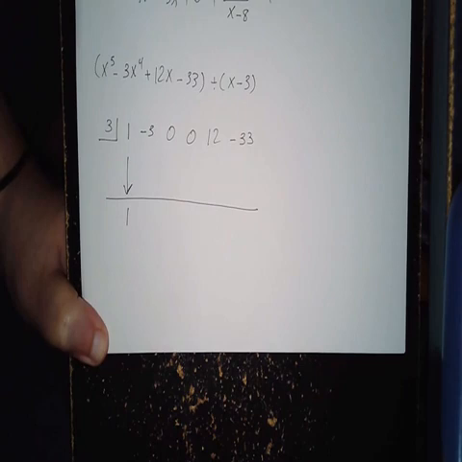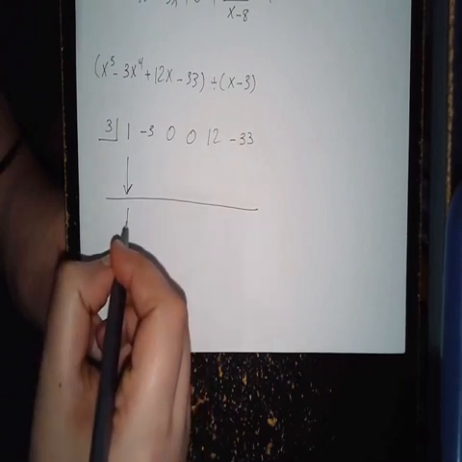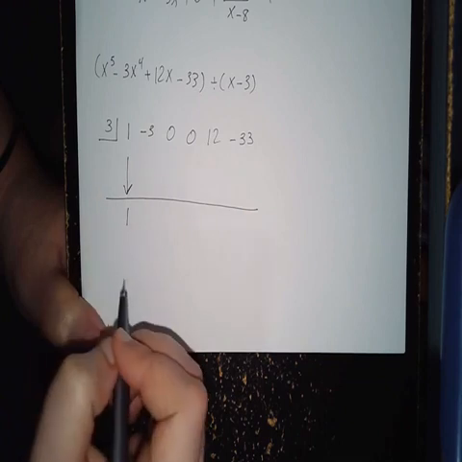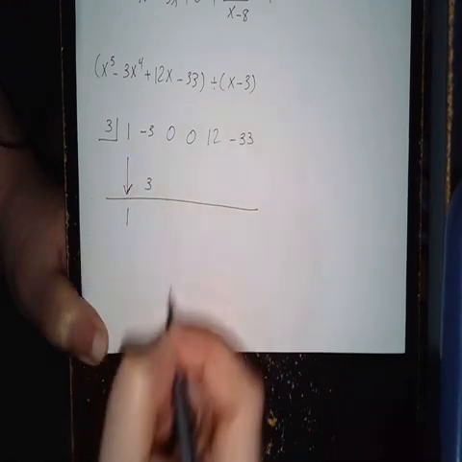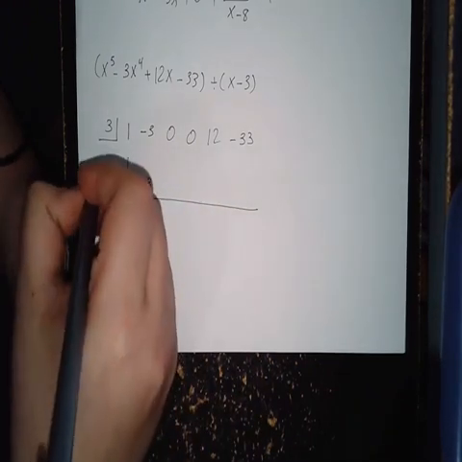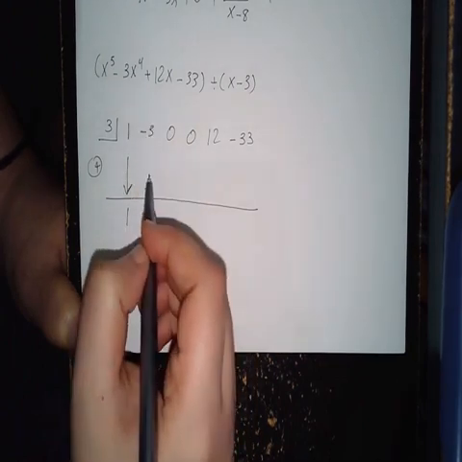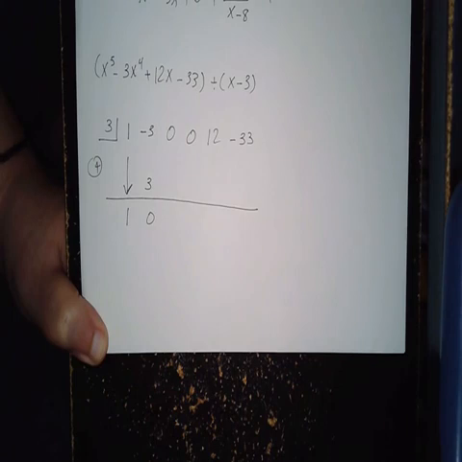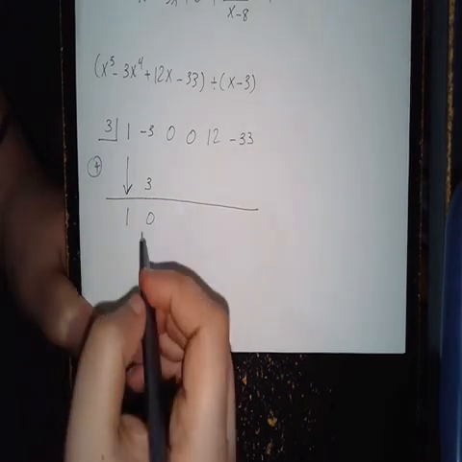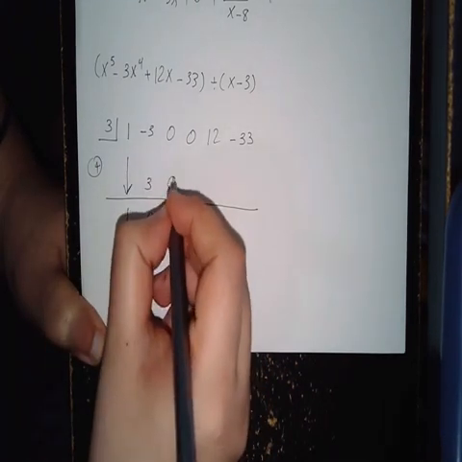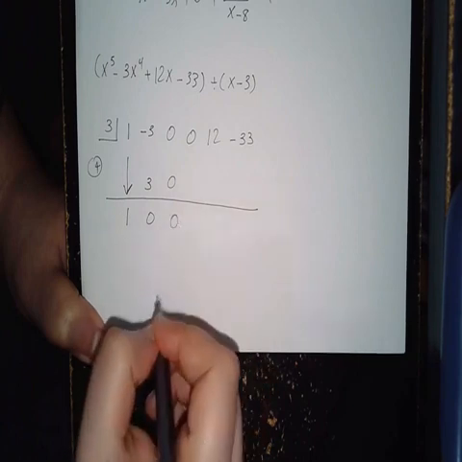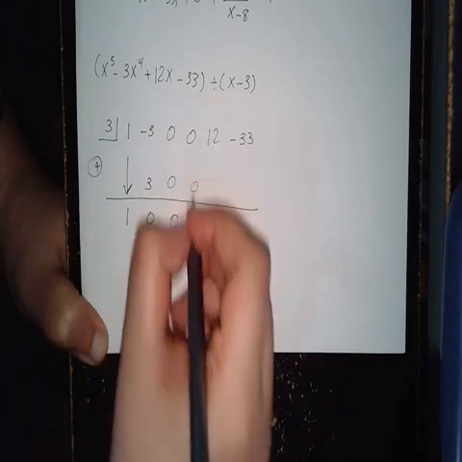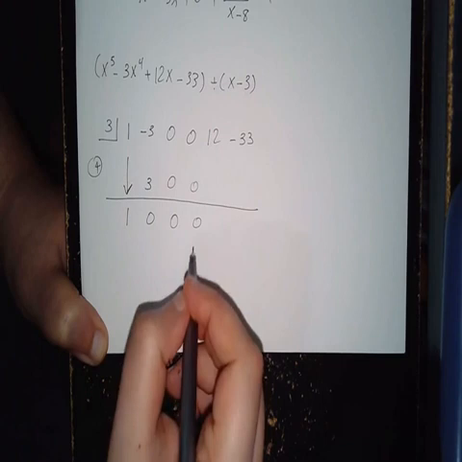1 goes to the answer. Now we multiply. 1 times 3 is 3. The answer gets written right here. And then we add. Yes? So we add. Negative 3 plus 3 is 0. Correct? So 0 times 3 is 0. 0 plus 0 is 0. 0 times 3 is 0. 0 plus 0 is 0.